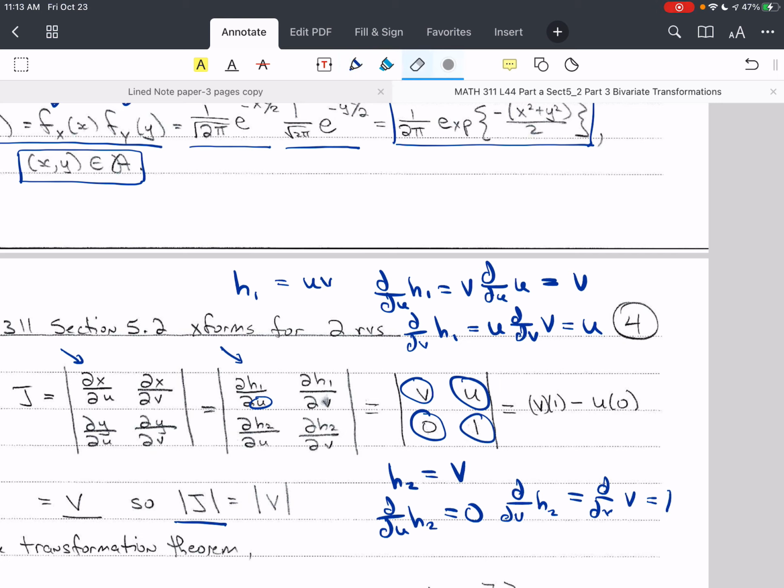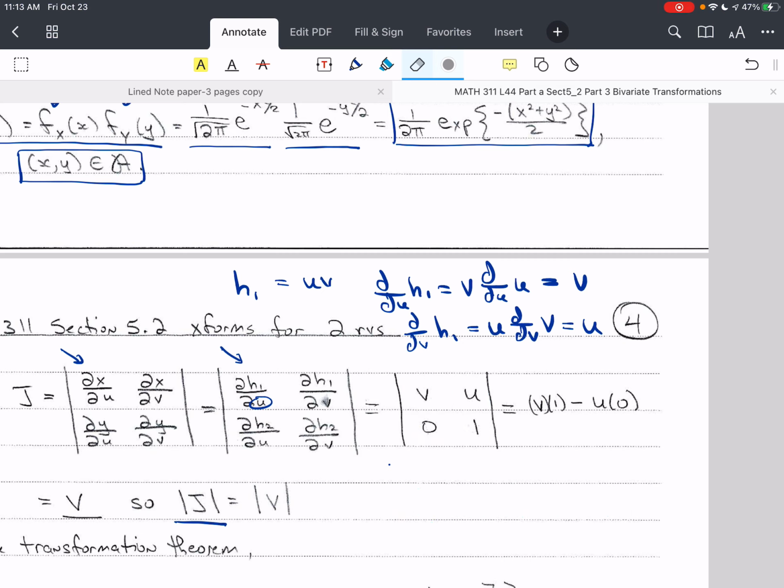Now to calculate the determinant of a 2 by 2 matrix, that's very easy. It becomes much more difficult as soon as we go to 3 by 3. But for a 2 by 2, we use the first diagonal and multiply the elements, v times 1, and then we subtract the product of the other diagonal. So v times 1 minus u times 0, which is just v.